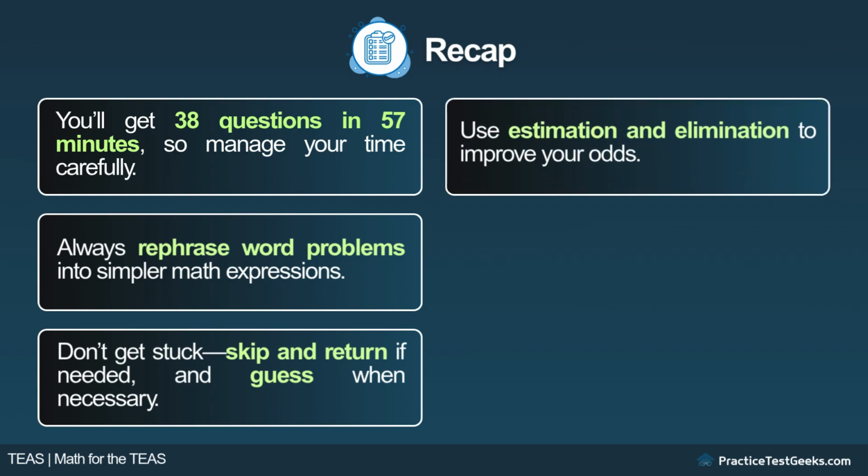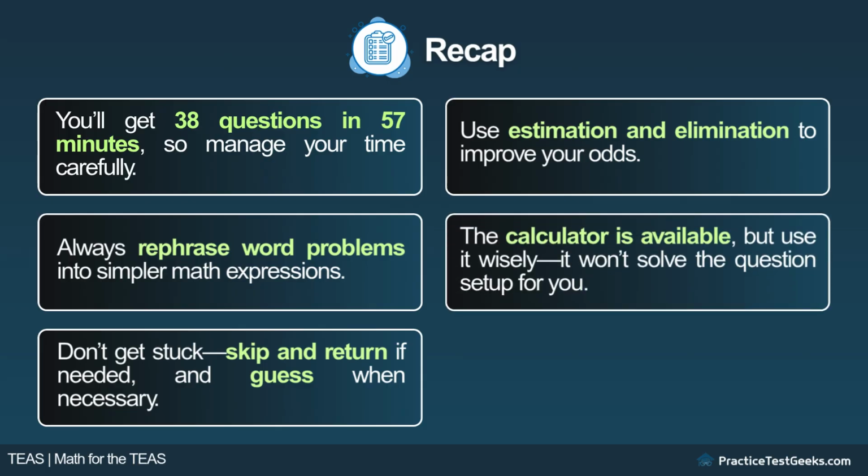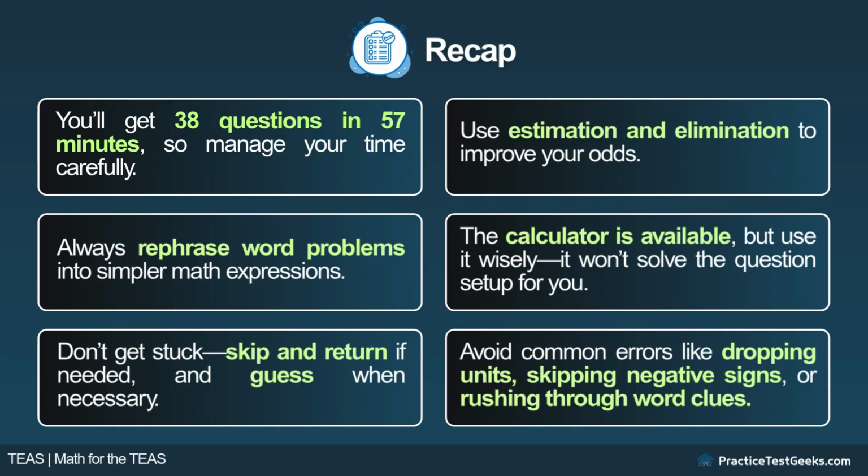Use estimation and elimination to narrow down choices, especially when the exact math isn't necessary. The calculator is available on screen, but use it wisely. It's there to help with tricky numbers, not to figure out the setup for you. Finally, watch out for common mistakes like forgetting units, dropping negative signs, or rushing through keyword clues. Stick to these strategies, and you'll feel more confident walking into the TEAS.